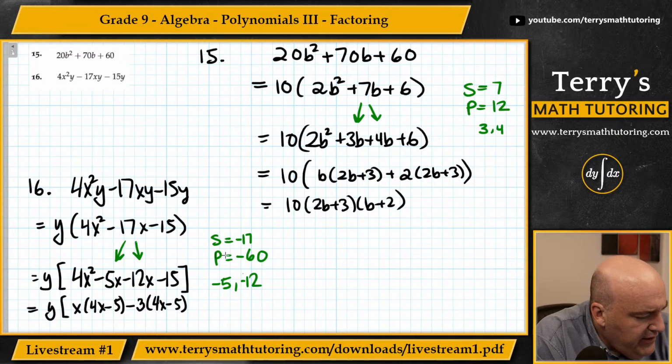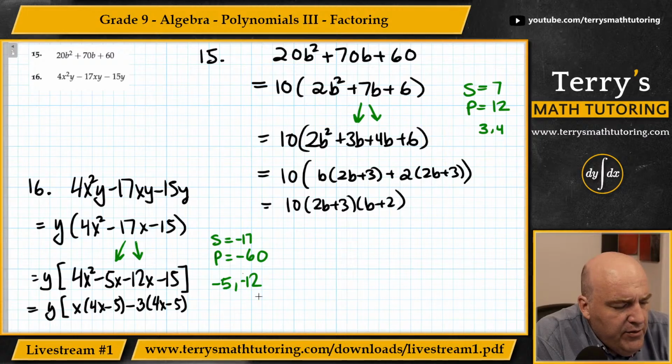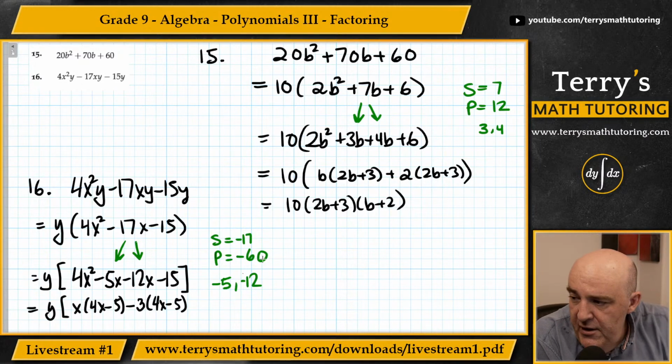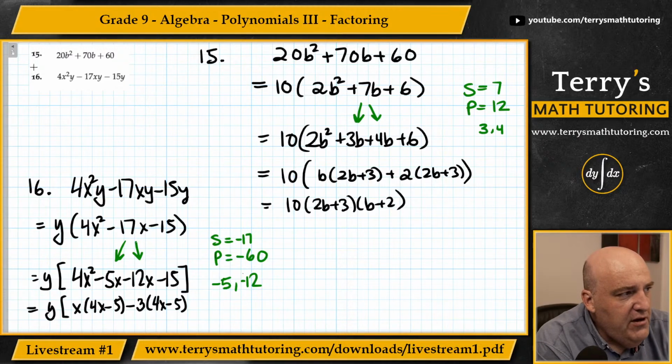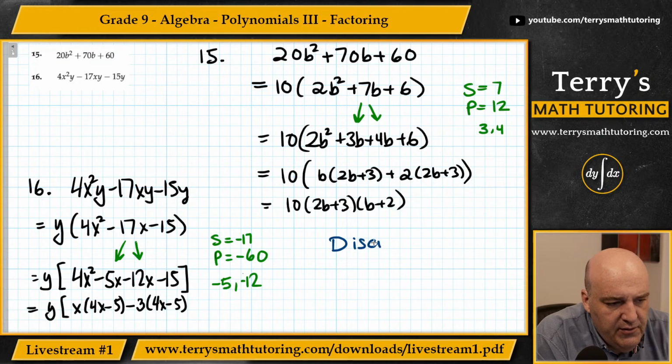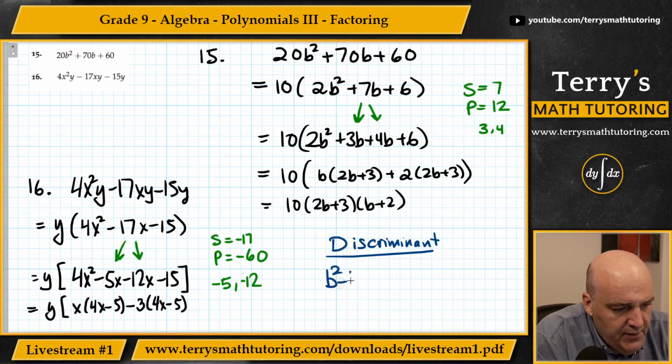I have a feeling that I made a mistake when I wrote this question down. One thing, if you're ever wondering if something can be factored, you should do what's called a discriminant. And that's b squared minus 4ac. Let's calculate b squared minus 4ac for this one.